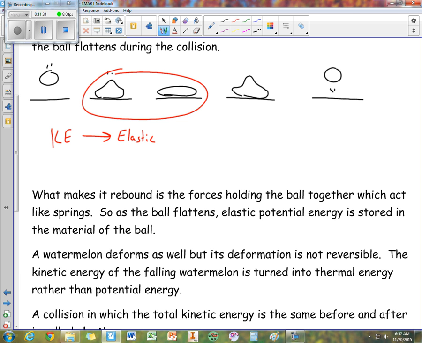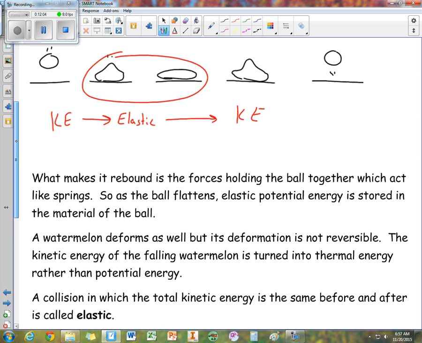And then the elastic energy turns back into kinetic energy. Depending upon what material the ball is made of, we can talk about how efficiently that kinetic energy becomes elastic and how efficiently that elastic energy becomes kinetic energy once again.